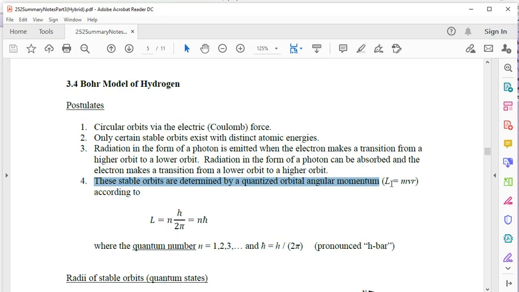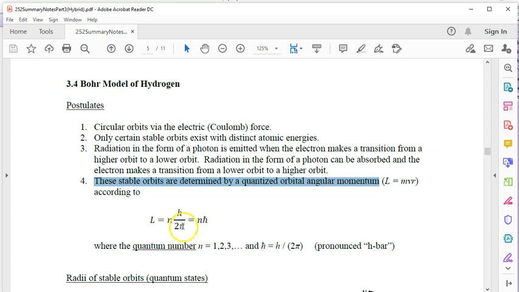L, which is orbital angular momentum, which is mvr, I'll draw a picture in just a minute, can only have certain values. And those values are a positive integer n, that's not refractive index, no longer, that's a positive integer n times Planck's constant over 2 pi. The 2 pi pops up because of circular orbits, okay? So n times h over 2 pi.